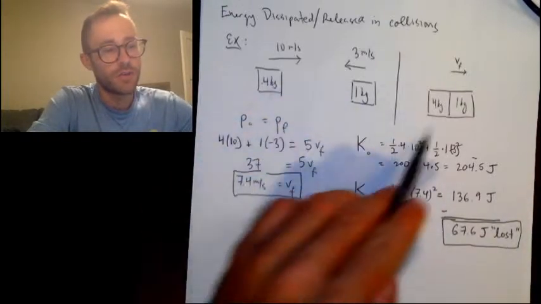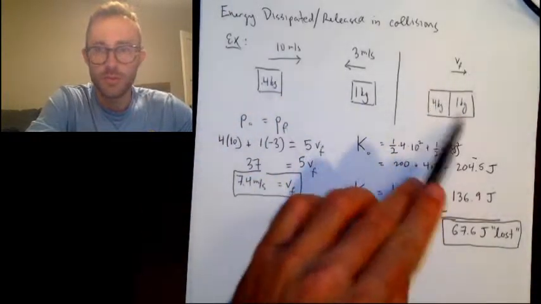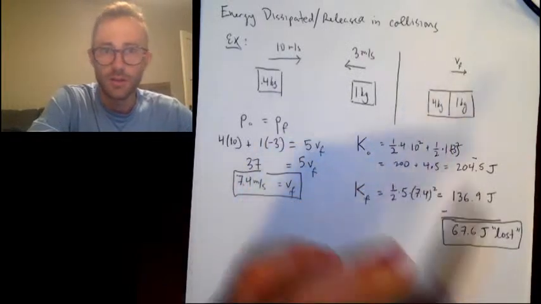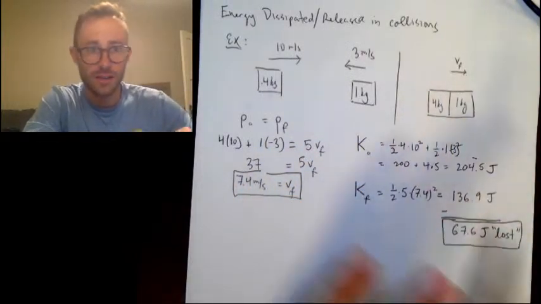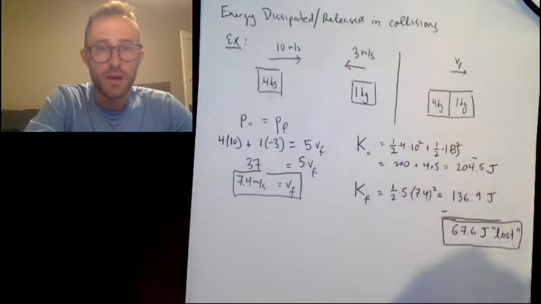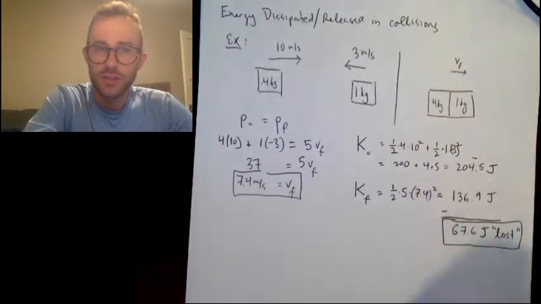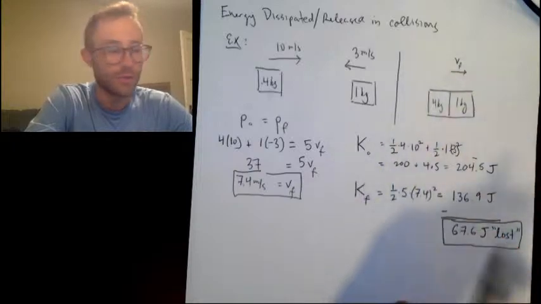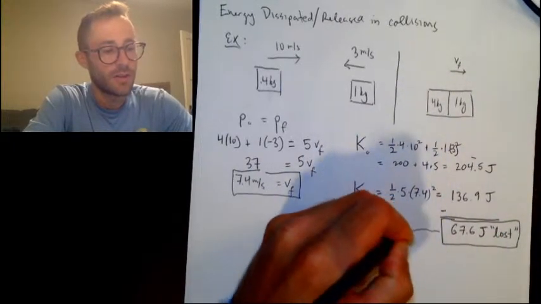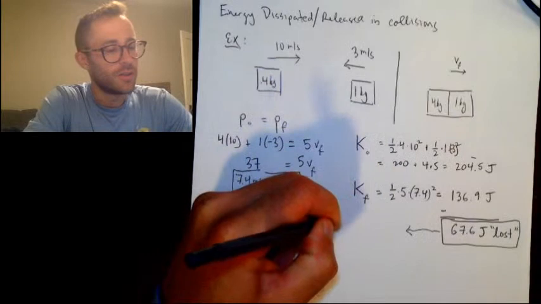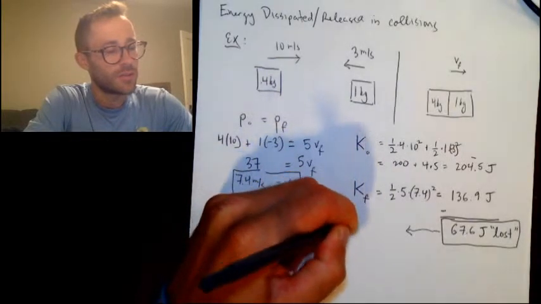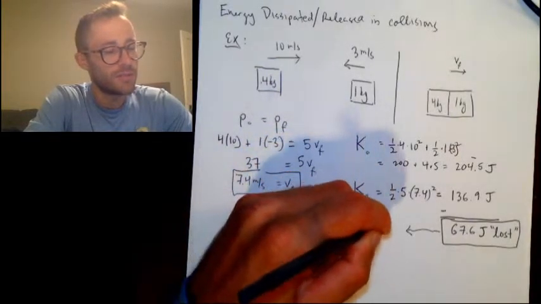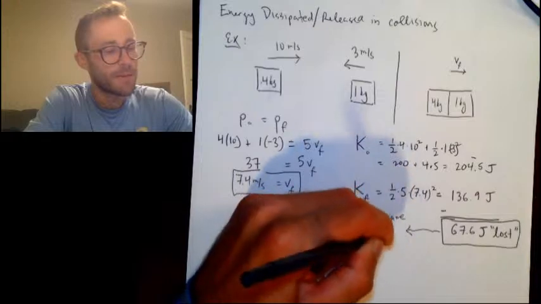You could have the collision deform these two masses so that they no longer have the same shape, and that takes energy to do. So the energy isn't disappearing, it's just becoming something other than kinetic energy, most likely heat. Okay? So you could say 67.6 joules became heat. All right?